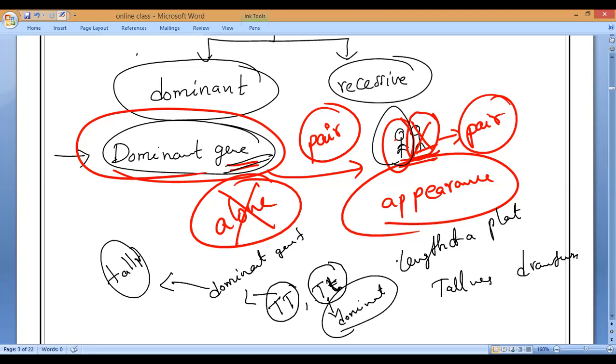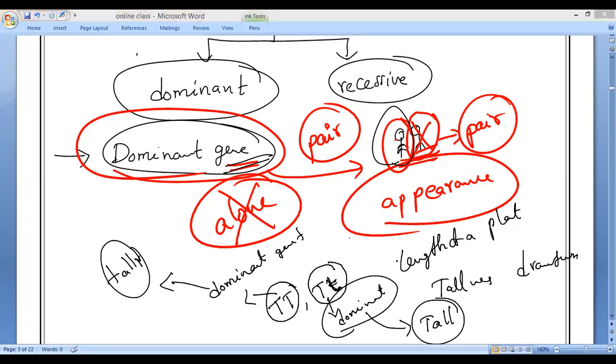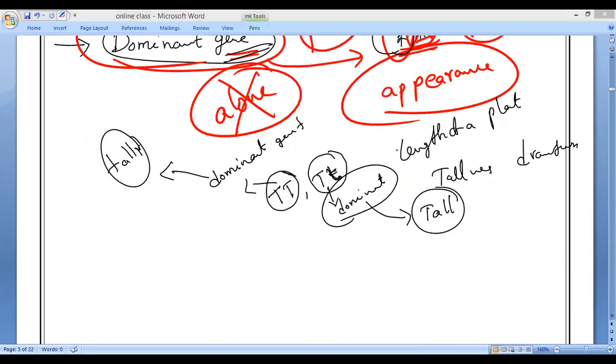The small t is dominated by capital T. Still the plant appears how, tall or dwarf? Tall. The plant appears to be tall. That is why we say capital T is the dominant one. Even though a small t exists in the pair, it does not have any importance. That is what we call a dominant gene.